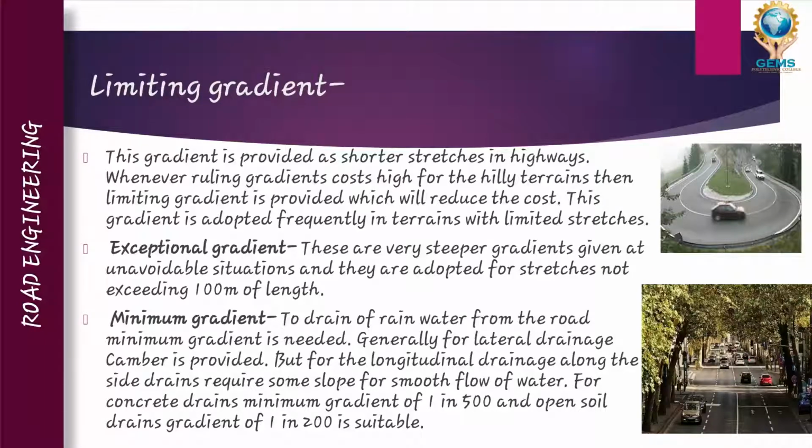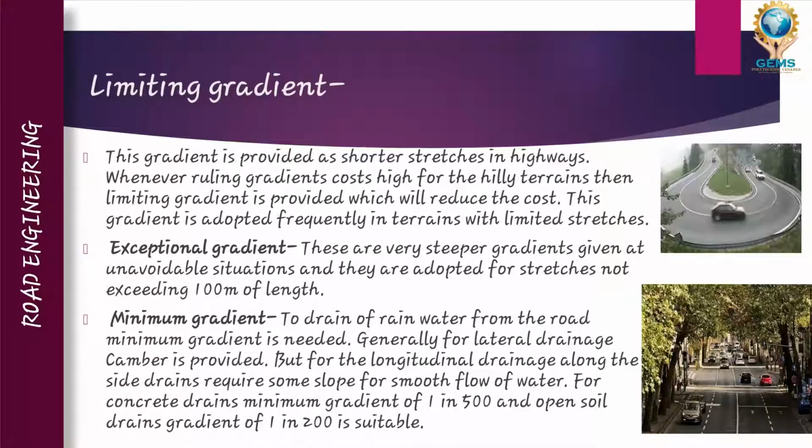Minimum gradient. To drain rainwater from the road, minimum gradient is needed. Minimum gradient means a minimum slope provided on a road to drain the rainwater from the surface. So it is named minimum gradient.